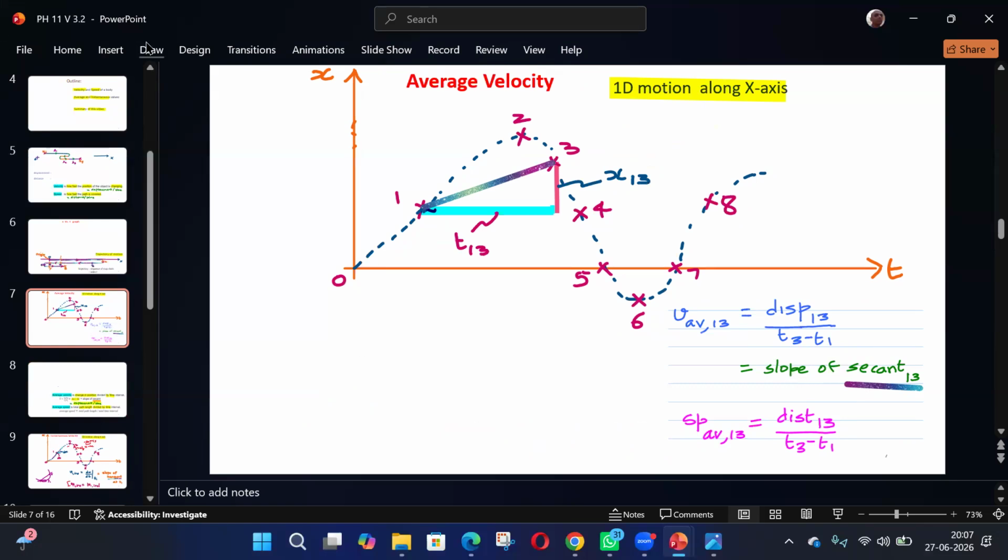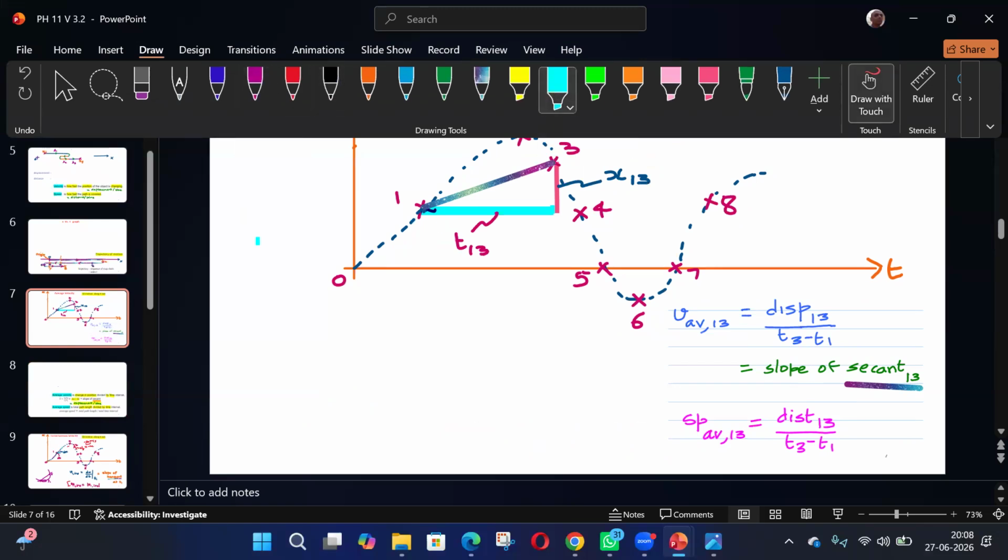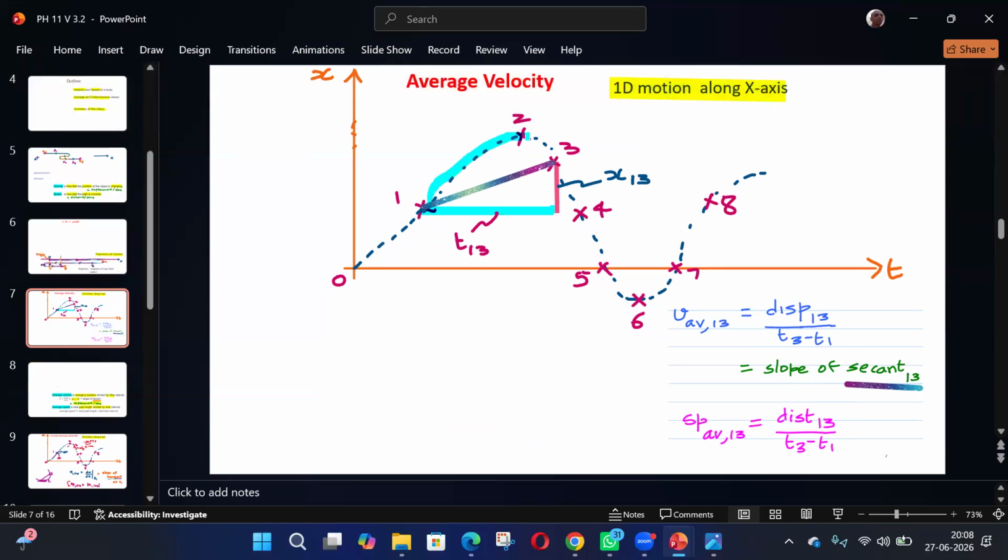For average speed, you take the total distance traveled from 1 to 3. That will be the distance from 1 to 2 and the distance from 2 to 3. If I add these and divide by t13, I'll get the average speed.